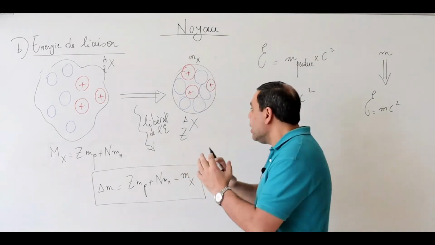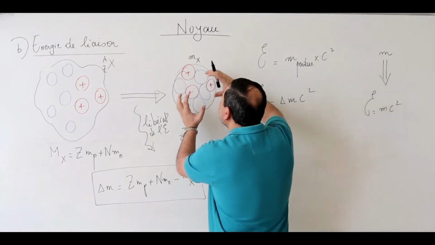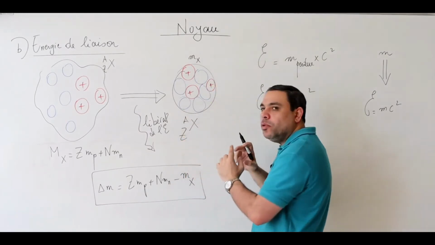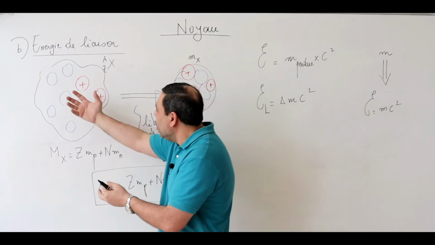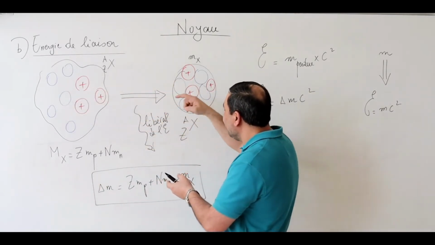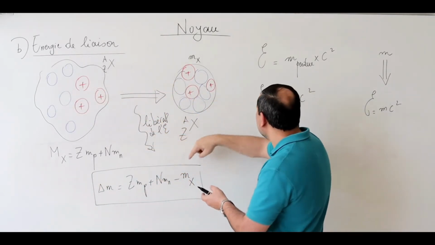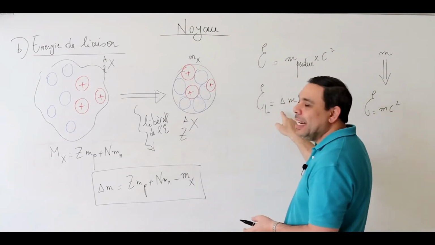If we want to separate the nucleus into its nucleons in a reversible manner, for example, during the formation of the nucleus there is a release of energy equal to delta m c squared.